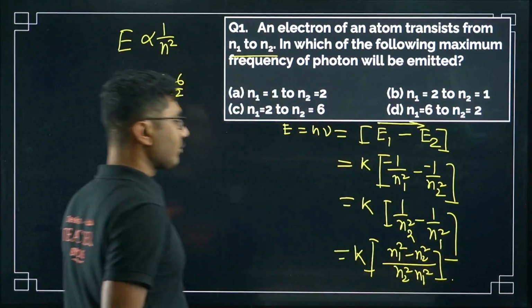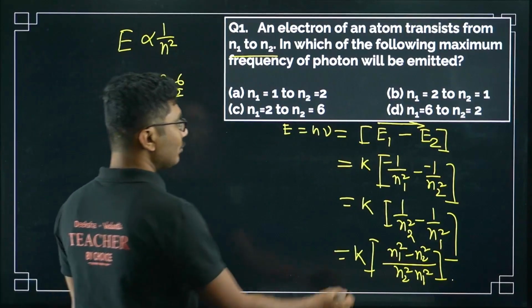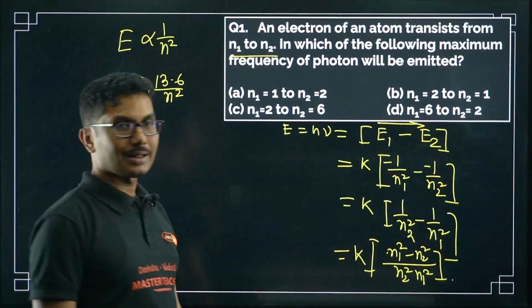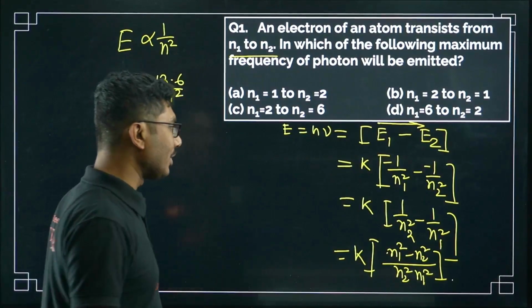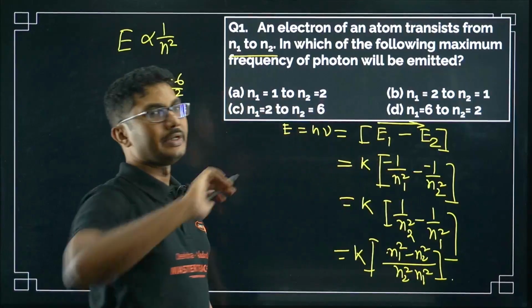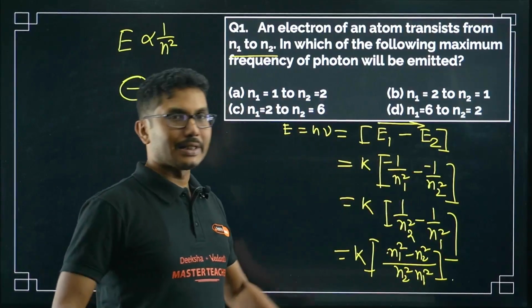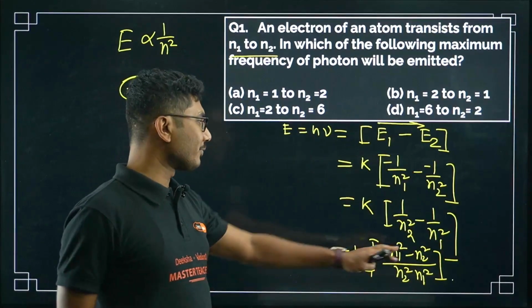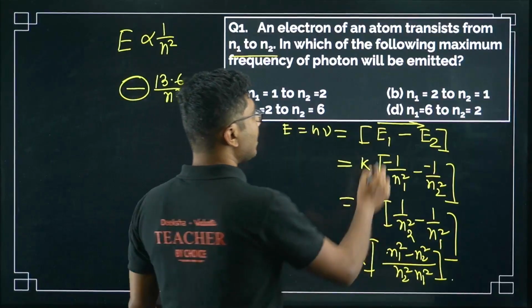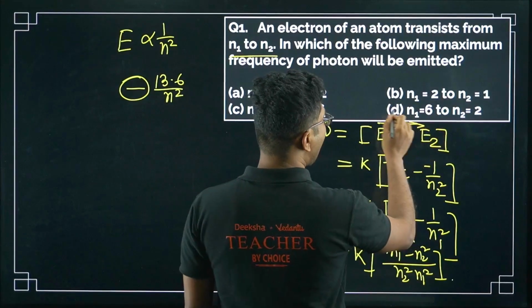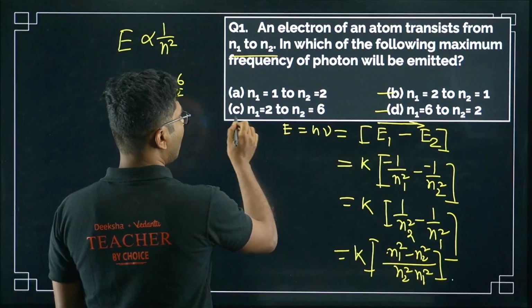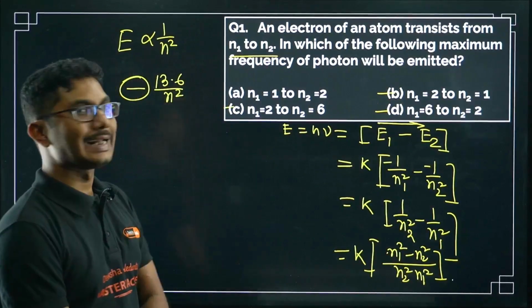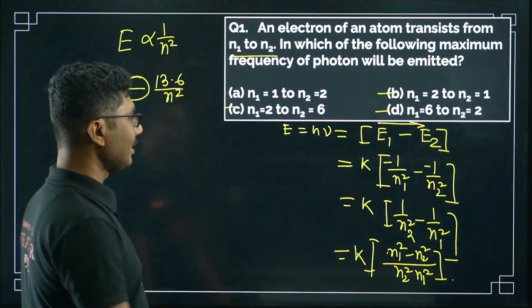Obviously from there we can see that the value of n1 must be greater than n2, otherwise the frequency will be negative. Negative frequency does not make any sense, so n1 has to be greater. These are the three candidates where we can get a value.